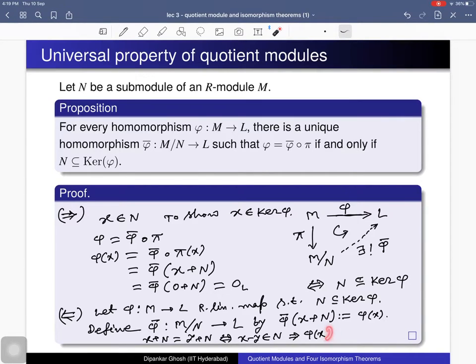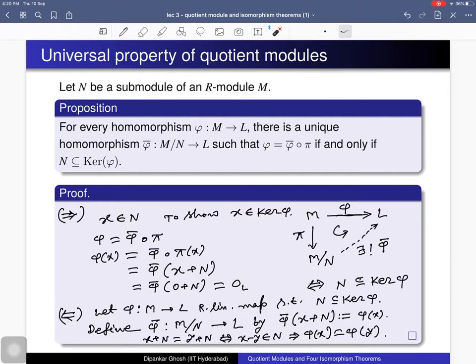So phi of x is the same as phi of y. So this proves that if we define phi bar in this way, this is a well defined map. Now the only thing we need to verify is that it is an R module homomorphism.